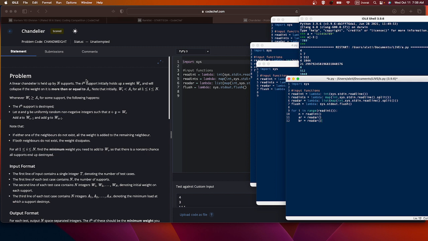Minimum weight WI. Okay, so for each one we have to find the minimum weight so that there's a chance, so it's possible everything gets blown up.